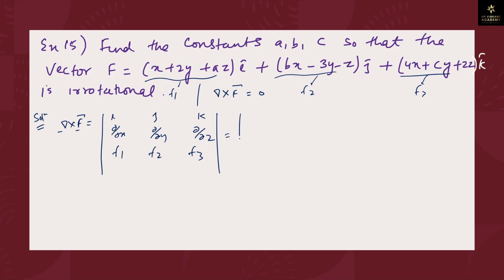So this is i, j and k; ∂/∂x, ∂/∂y, ∂/∂z; and f1 is x plus 2y plus az, and f2 is bx minus 3y minus z.